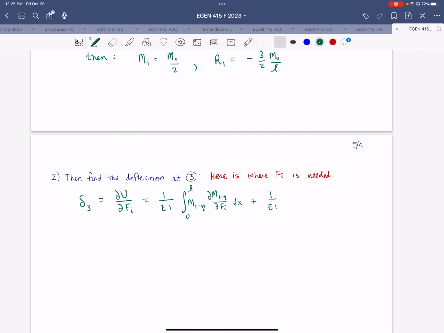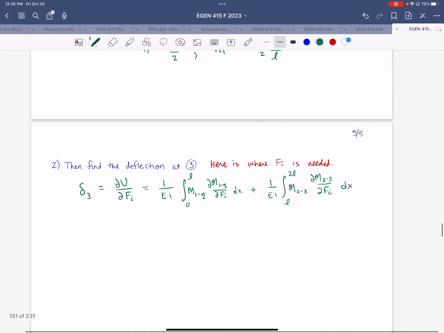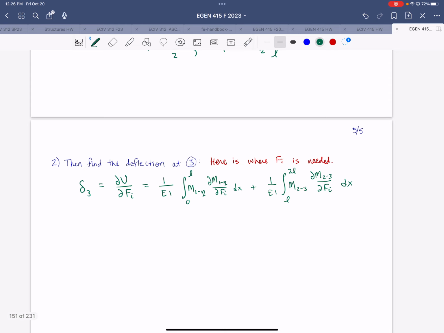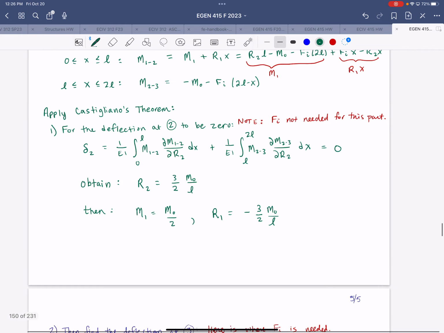And then we have the second region integral from L to 2L, and that's all with respect to M23 and Fi. And so we defined those expressions for M12 and M23 before. Let's see, didn't we? Yeah, we did, up above.